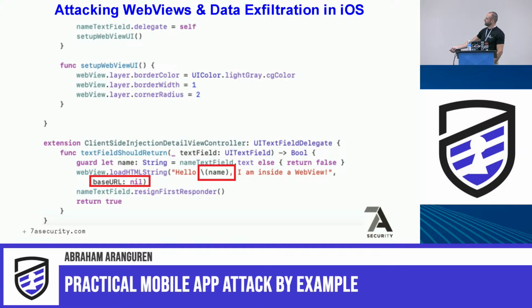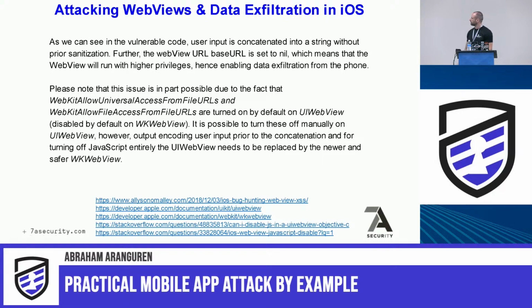If you have base URL set to nil, then basically UI web views will default to Apple Web Data, and then this gives you the file access, right? So base URL set to nil on a UI web view, bad idea, right?